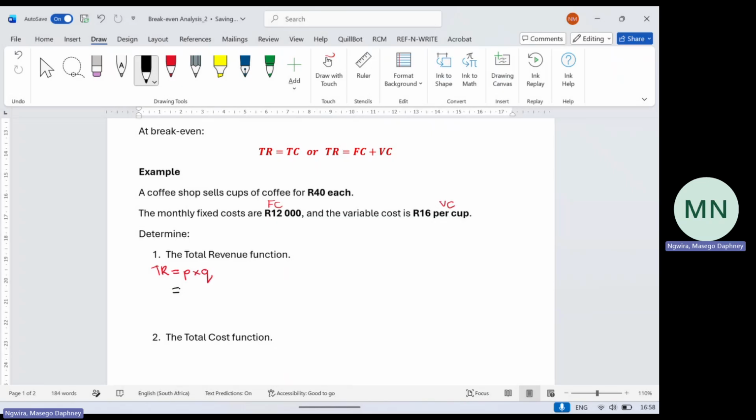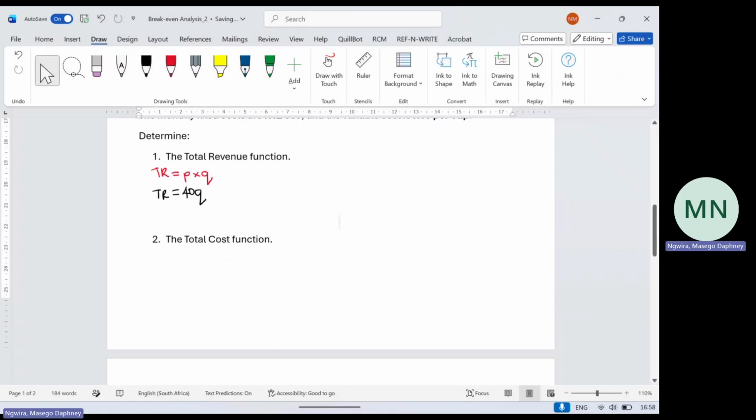So our total revenue function is 40Q. Then we move on to question number 2.